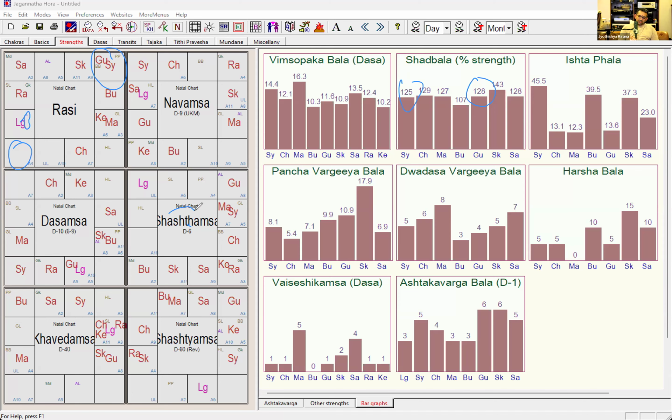So you go to the D6 chart, which we generally use for health. Then we see where is Guru. Guru is not in a bad position because he is also the lord of the 4th and 10th house, which is also okay. No problem there.